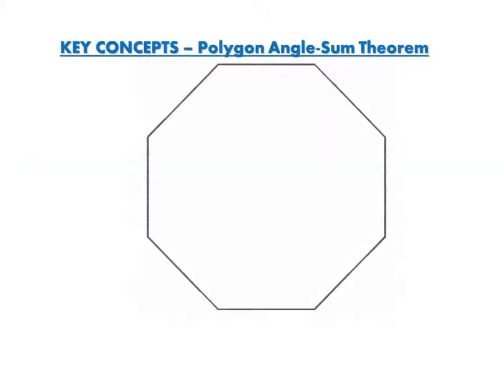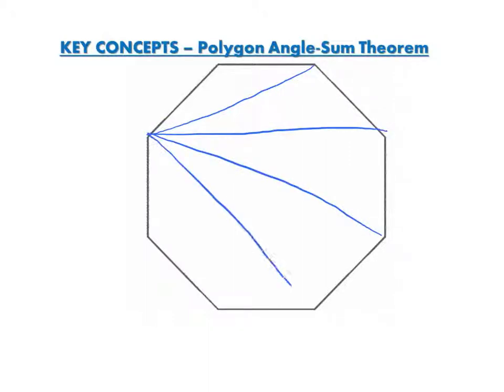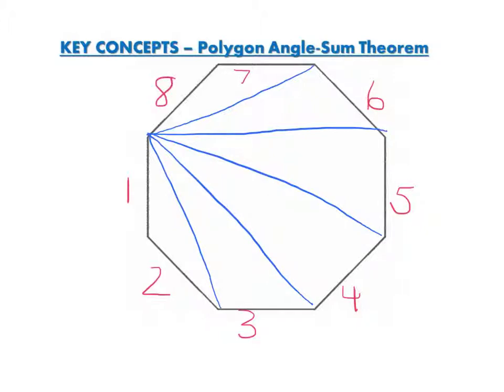Okay, guys, here is a polygon. If you start at any vertex of a polygon and you draw straight lines to every other vertex, you make triangles. And if you count those triangles, such as this one, you'll notice that I have 1, 2, 3, 4, 5, 6, 7, 8 sides.